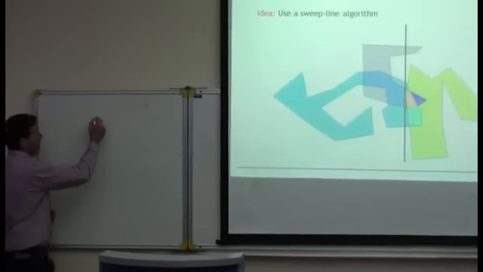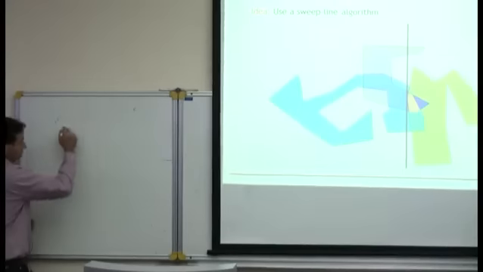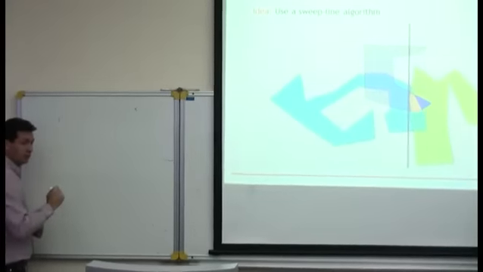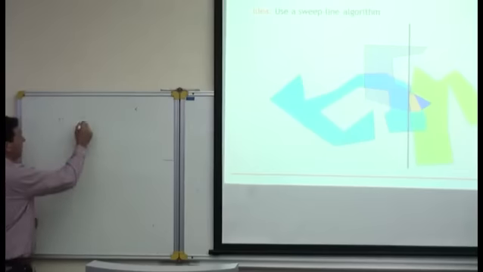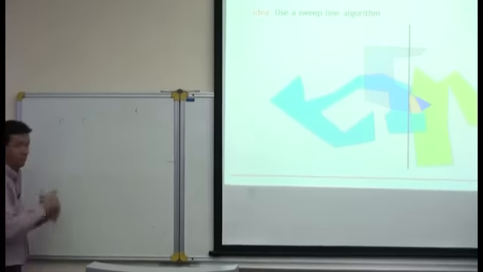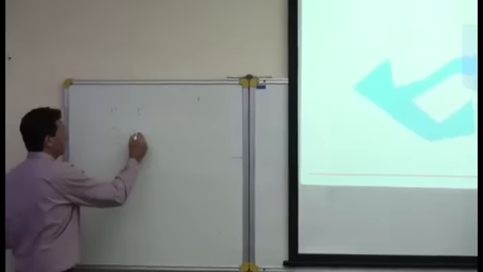Each polygon has order tau segments, and I take the arrangement of all those, so I get order n squared tau squared.